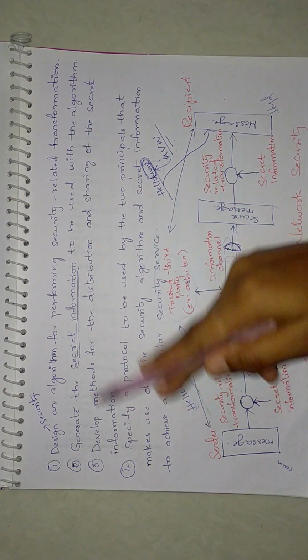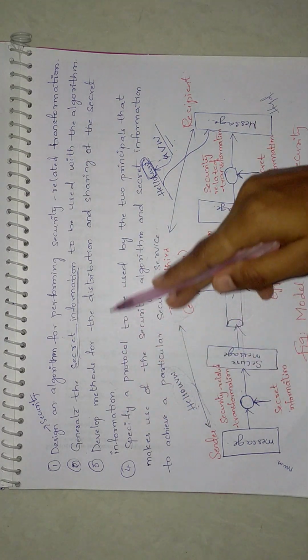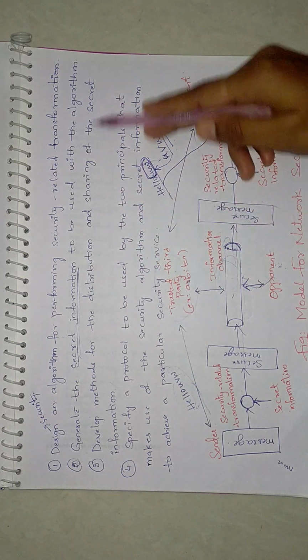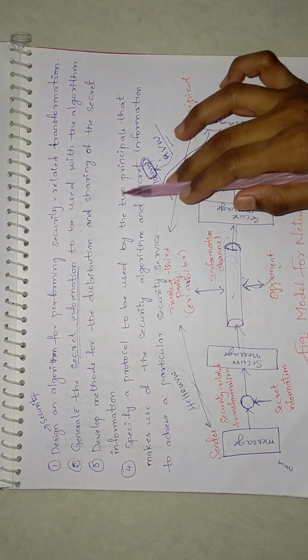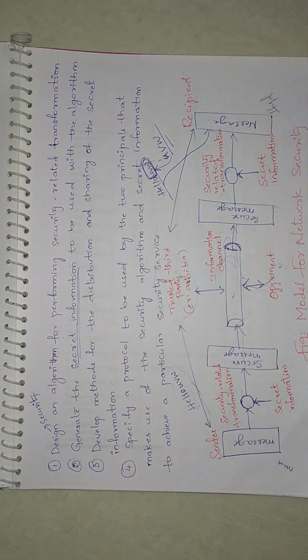After that, they will develop some methods for sharing the secret information. That means they will find some methods to identify the secret information on the receiver side. Then they will specify the protocol to be used. That means using one protocol, we will get one kind of data, and using another protocol, we will get some other data, using only one algorithm.